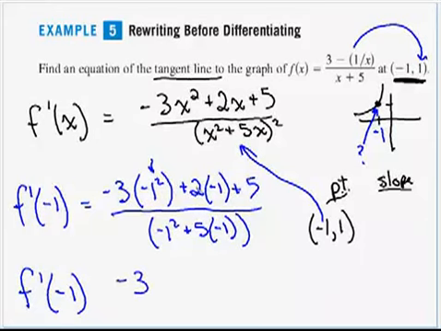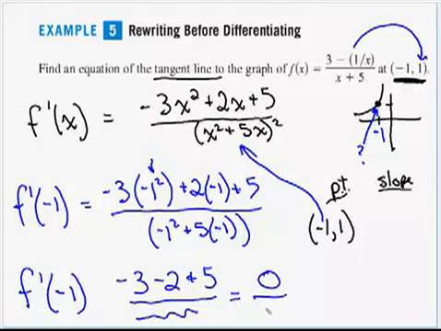And then we're going to have a plus 2 times -1, so that's going to be a -2. And then we have a plus 5. And I don't think we have to go any farther, because if you keep going with that numerator, -3 minus 2 is -5 plus 5 is 0. So no matter what the denominator is, we're going to have 0 divided by something. And I guess that something's easy enough to find. This is going to be 1 minus 5, -4, squared. So our derivative at that point, our slope at that point of tangency, is 0.